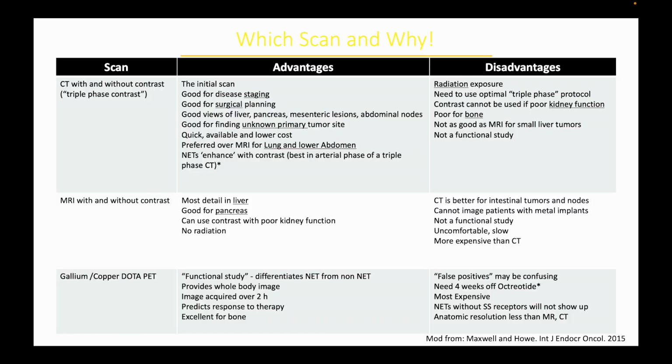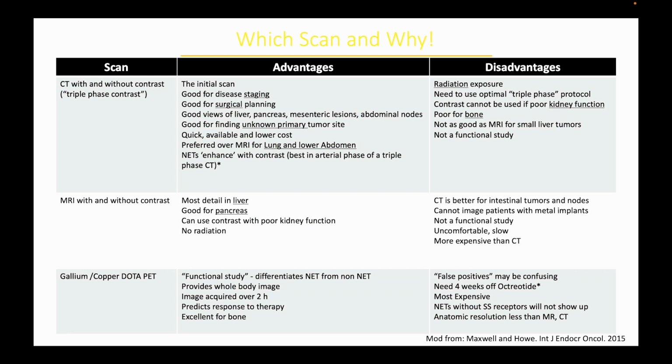If the correct protocol, triple phase, 3 phases, early, shortly after that, and later, if that's not done, CT scan won't be a very good scan. CT scan does have radiation, can't use it with poor kidney function.